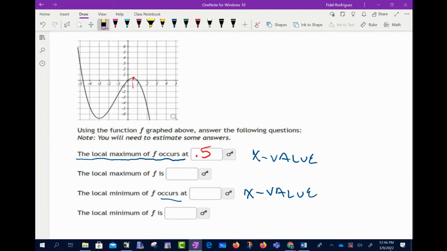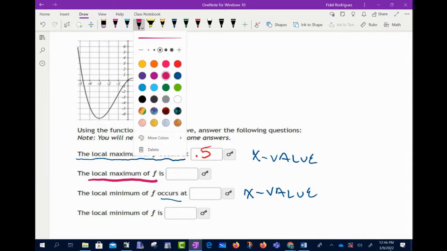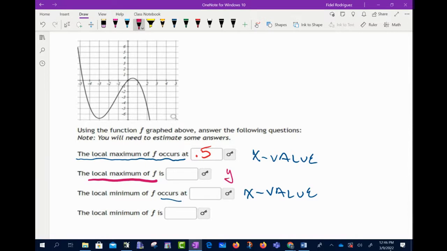Now, when we get to the second part, when it asks what the local maximum of f is, this part is asking me to find the Y value. So would you say the Y value is 0.5 maybe, 0.4, something like that? 0.5?